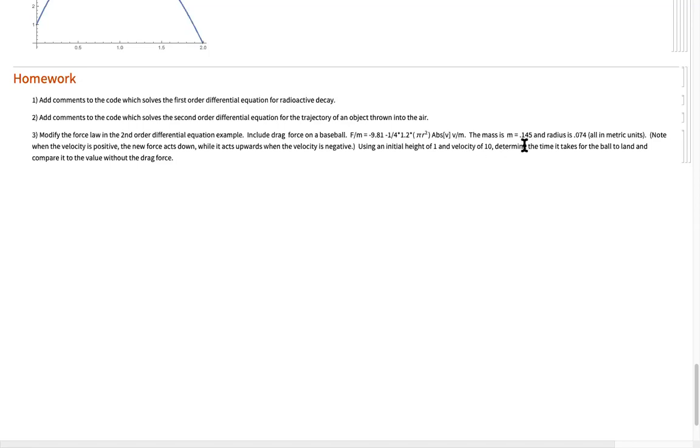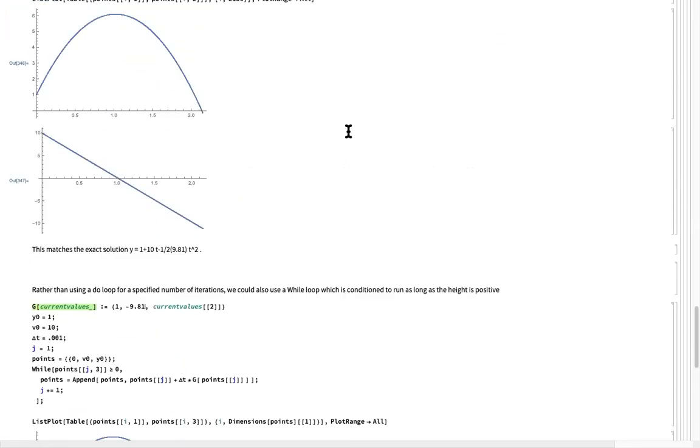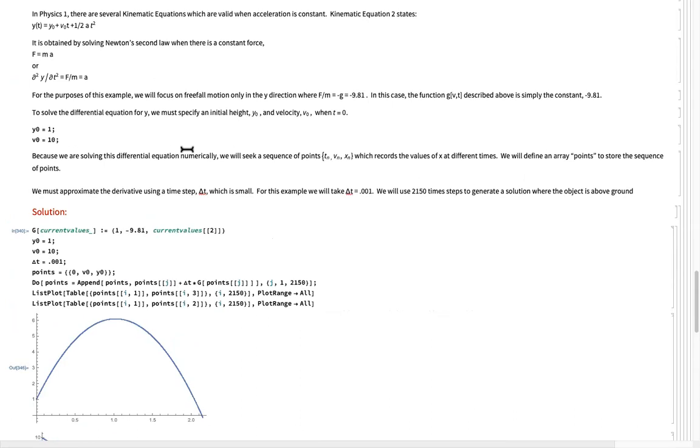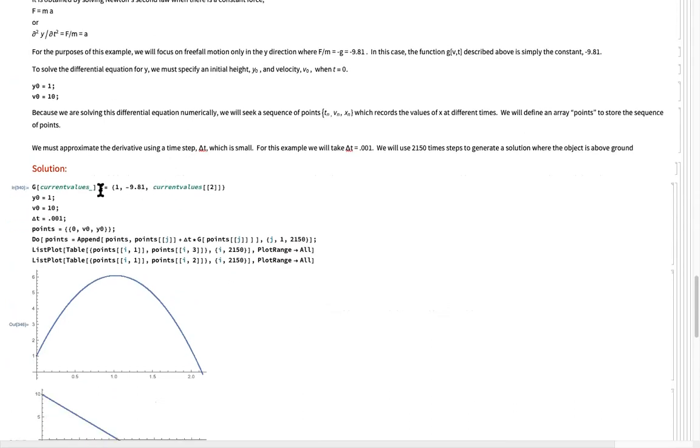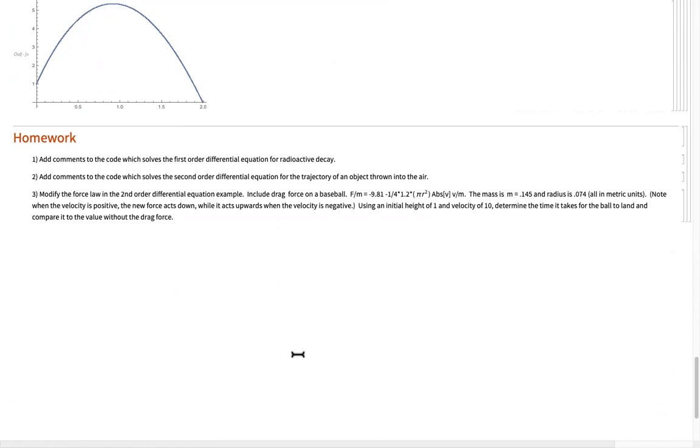So I've given you the parameters for the mass, the radius of the ball, everything's in metric units, and so I've given you all the numbers here. So really, you need to go through and adjust the function capital G to account for the drag force. And what you'll see is it does slightly affect the trajectory of the ball. Okay, so that's your homework for this one. Good luck.